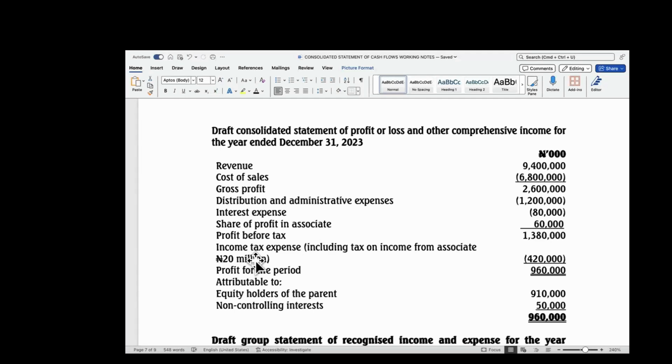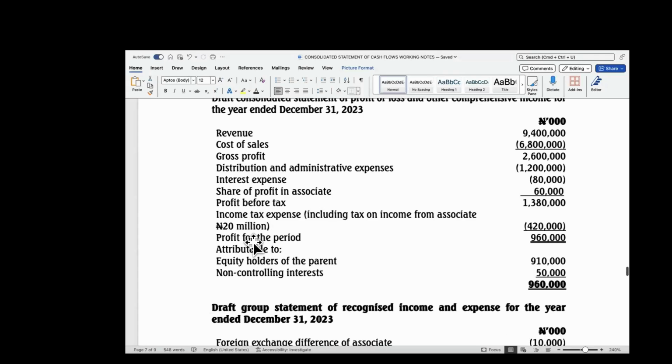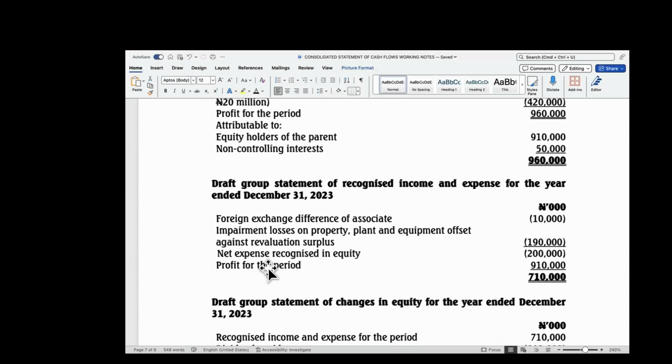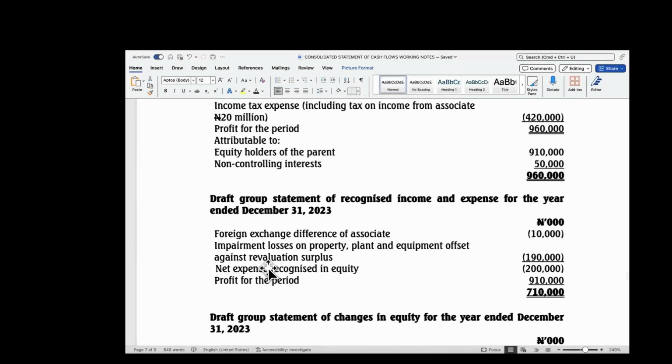You know that I need to do something around that. Then, profit attributable. And they also gave me a statement of recognized income and expense for the year.